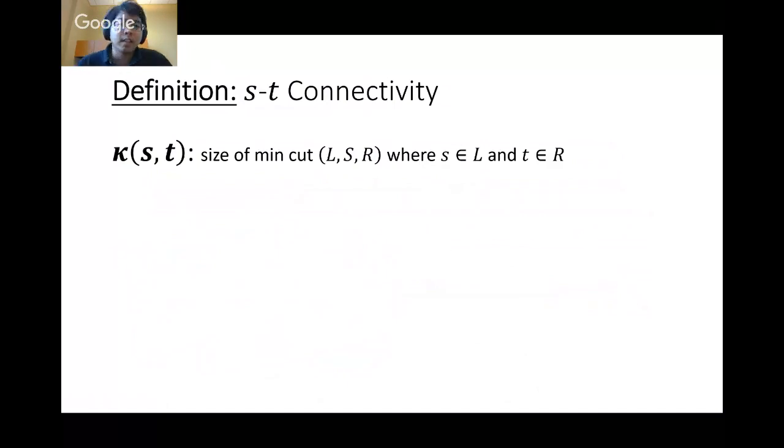Next is the ST connectivity, which I will denote by kappa of S and T. This is just the size of the min cut when S is on the left and T is on the right.